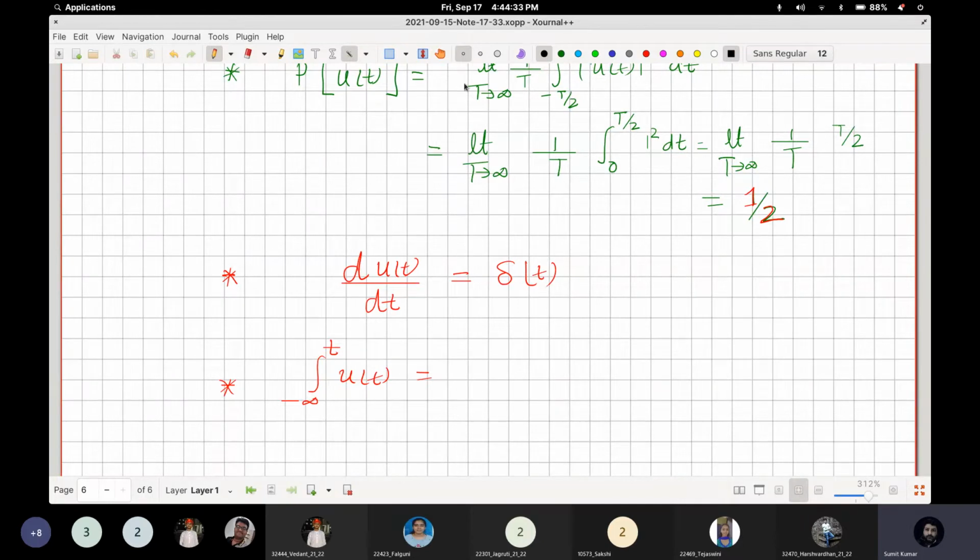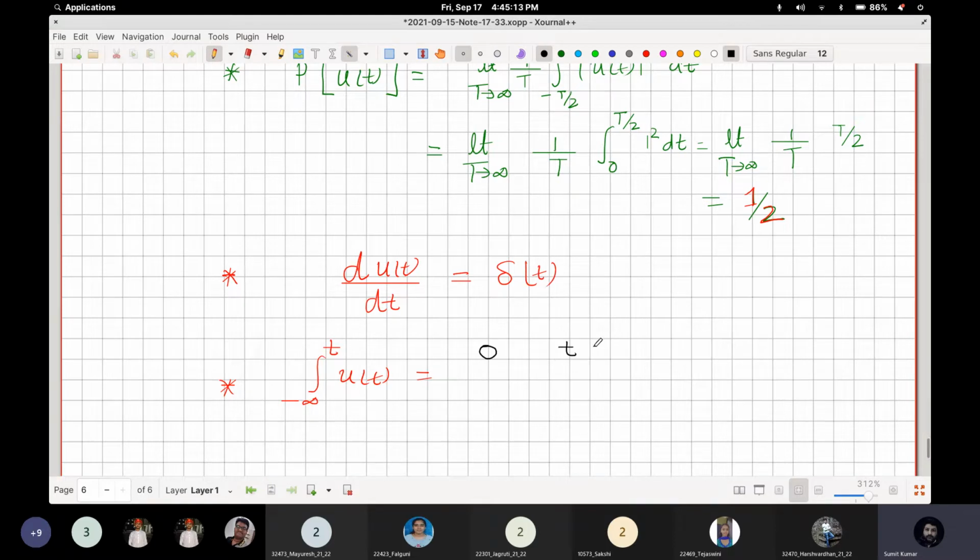Most of you are in third year, right? So you have already seen these things. When you integrate u(t), what is it that you will be getting? Student: Sir, differentiating gave an impulse, so integrating gives a ramp signal? Yes, it's a ramp signal. You see, when t is less than 0, this integration will be equal to 0, isn't it?